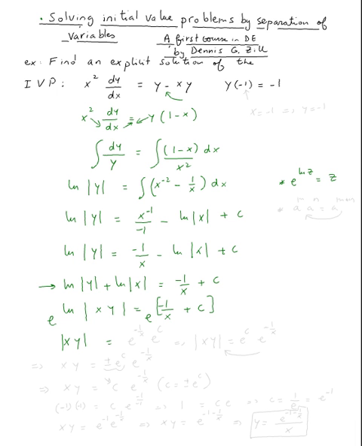And then here I have to use the product rule for exponents: a to the m times a to the n is equal to a to the m plus n, but I'm going backwards. So this will be e to the -1 over x times e to the c.